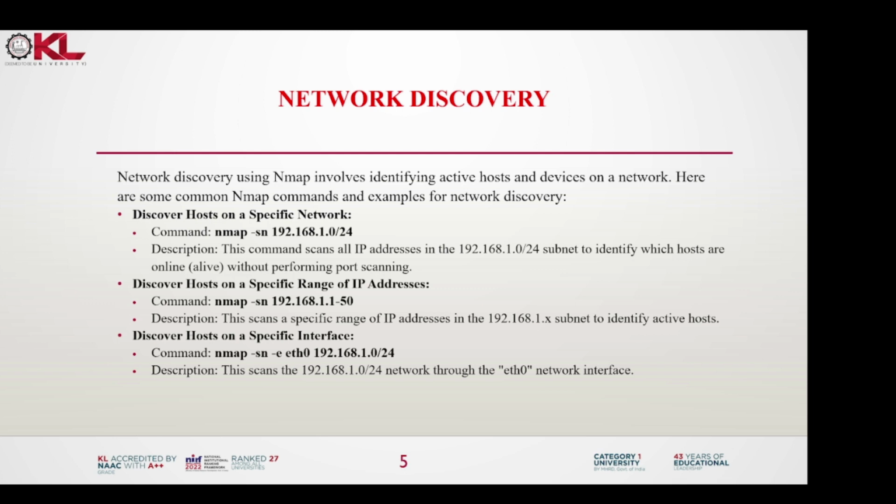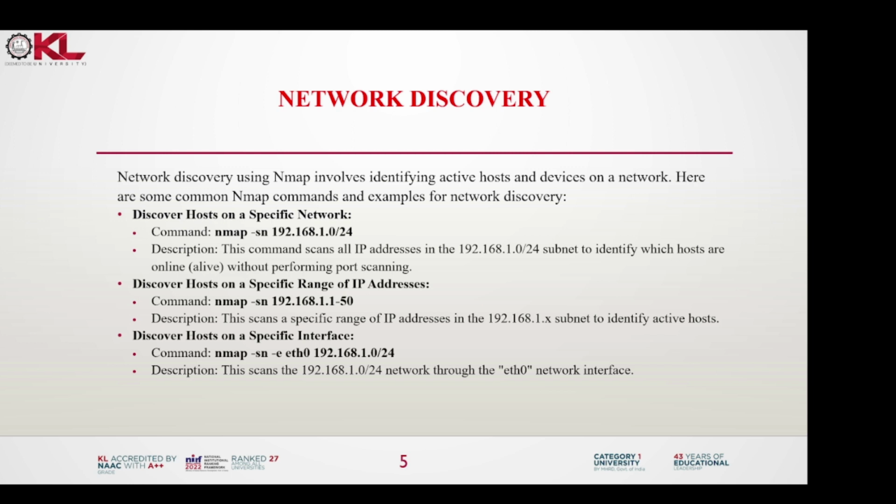So the final conclusion is you can identify the systems in the network using the subnet address, or using an IP address of a specific range, or based on a specific interface.